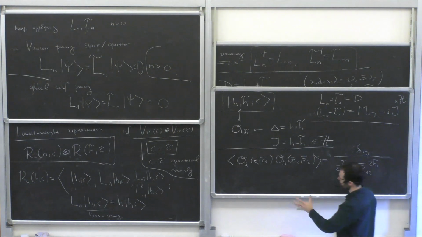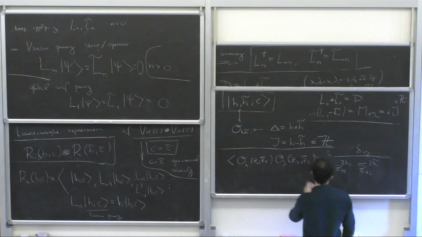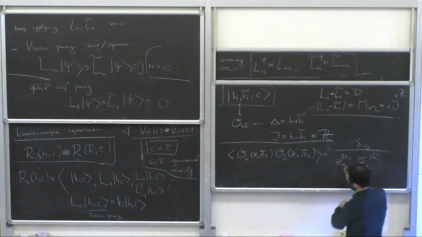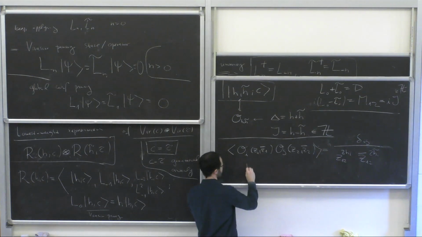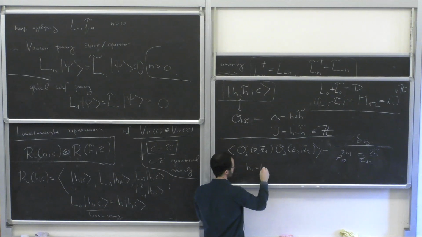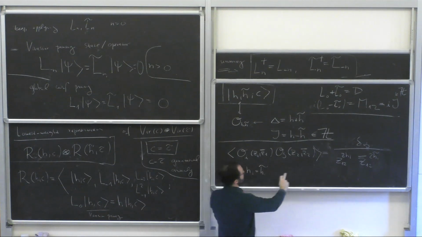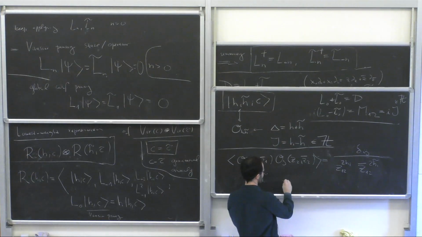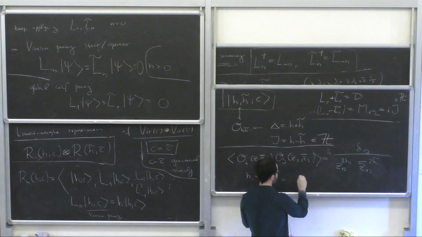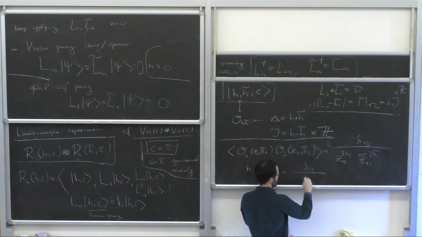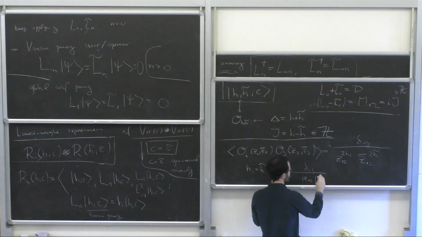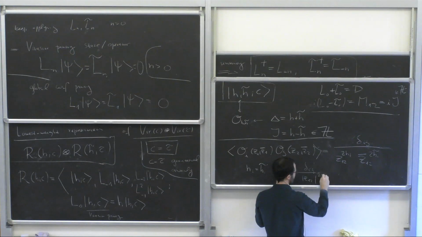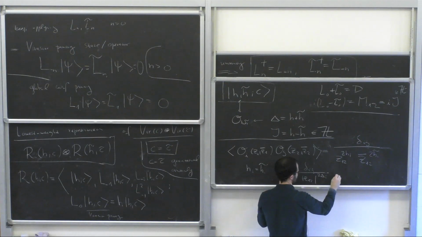I showed you how the 2-point function looks for scalars. Scalars have H_I equal to H_I tilde, because the spin J is equal to 0. So for scalars, from here, you would just get delta_IJ over |z12|, now absolute value, to the 2 delta_I.